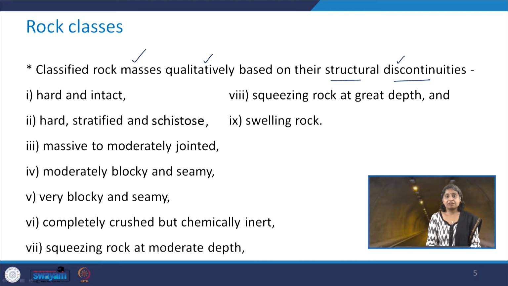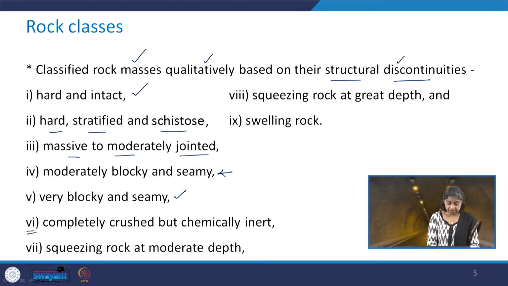The first class was hard and intact rock mass. Then you have hard, stratified and schistose. The third category is called massive to moderately jointed. Fourth is moderately blocky and seamy. Fifth was very blocky and seamy.